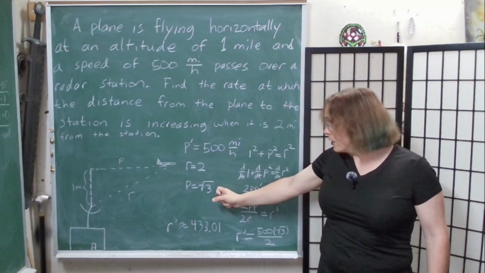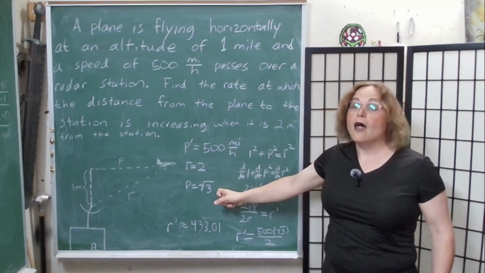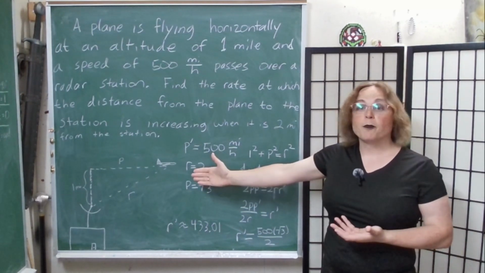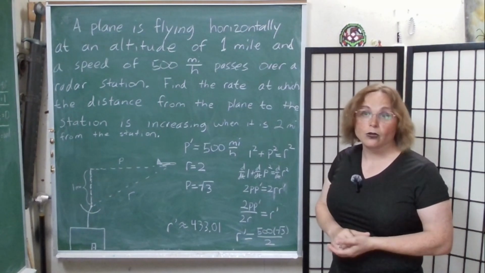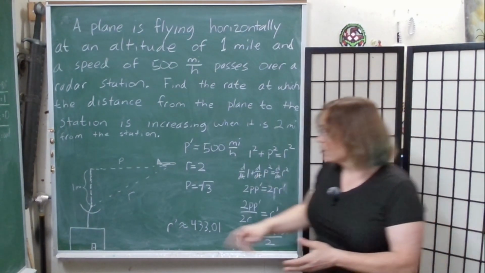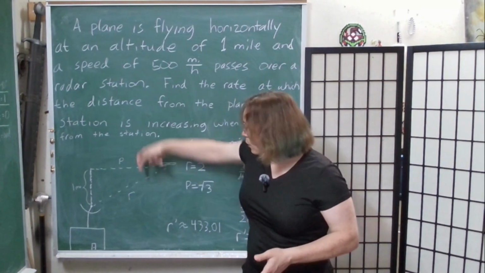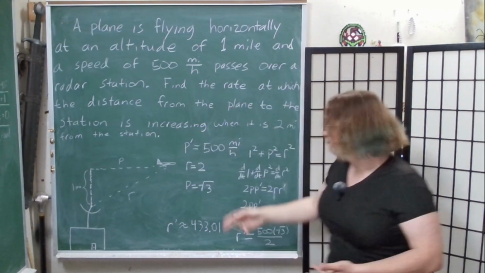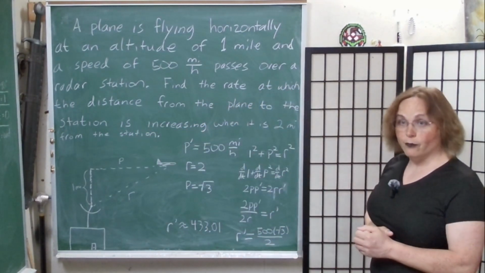We needed to calculate that distance P, and there are 2 ways you could have done this. Simple Pythagorean theorem, since we had a right triangle, or if you recognize that that was a special right triangle from trigonometry, a 1, 2, square root of 3 right triangle, that would have been the square root of 3.